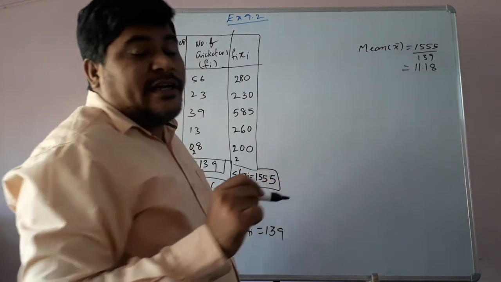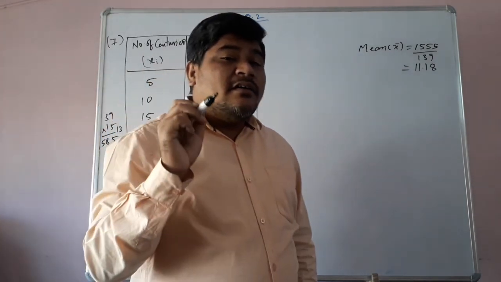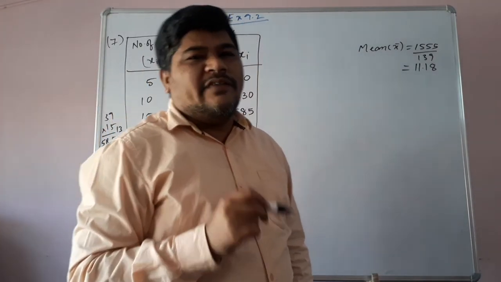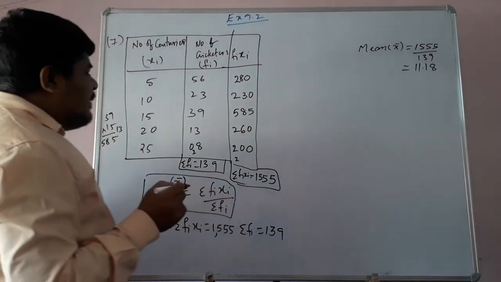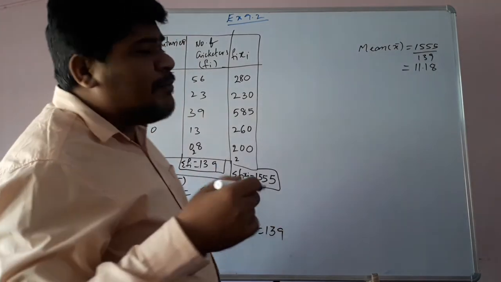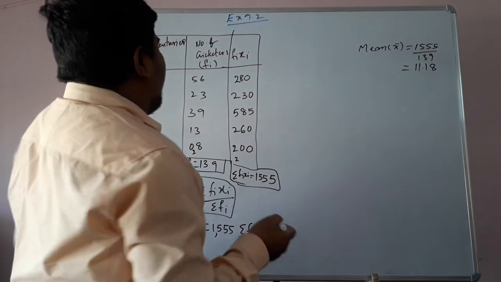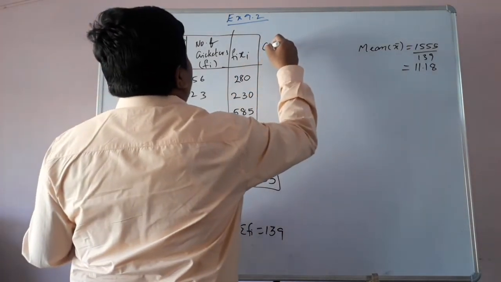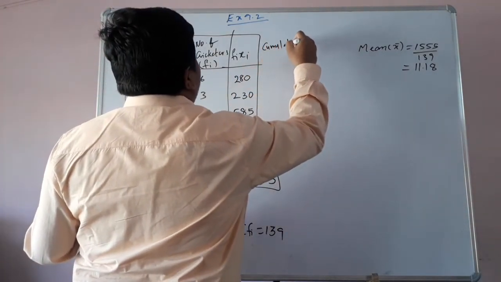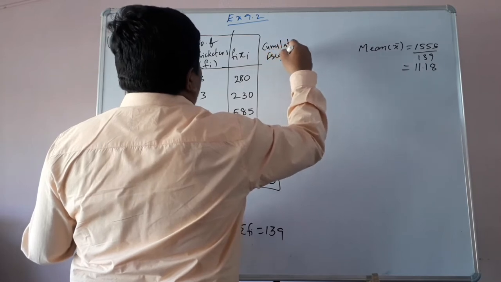Now, children, mean is completed. Now we need to find the median. To find the median, first we need to find the number of observations, and we have to take cumulative frequencies.